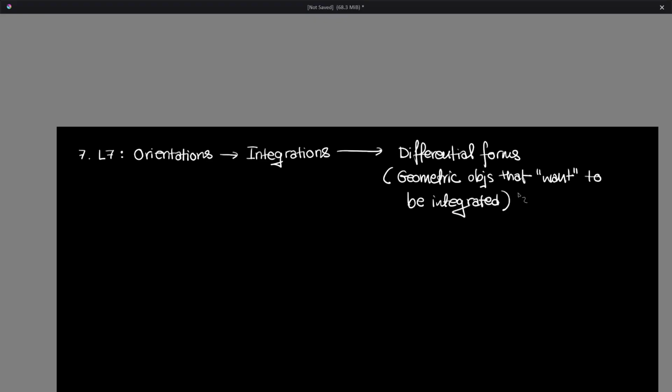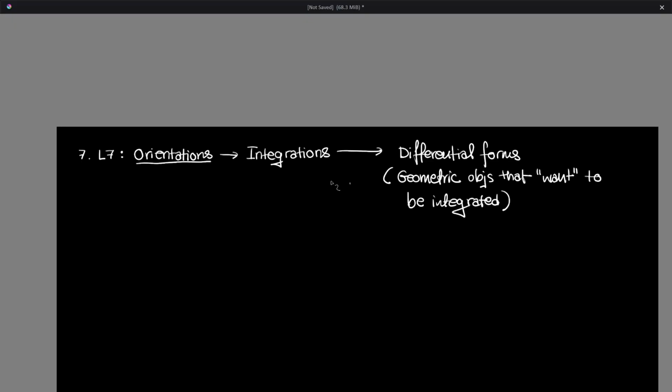So in order to understand a lot of text on complex differential geometry and indeed real differential geometry, the integration of differential forms is a must to understand. And in order to define integration in a consistent way, we needed orientations. So that was the obvious thing to do.